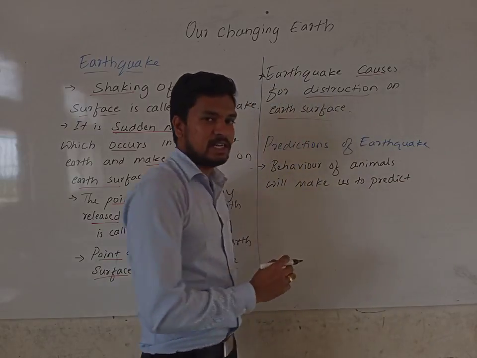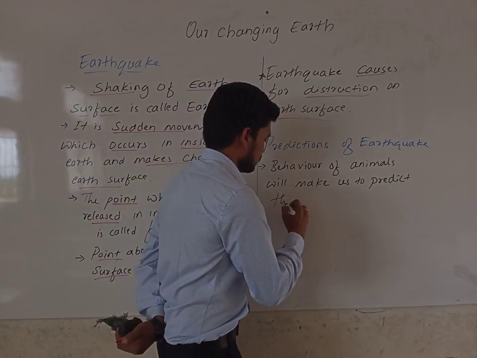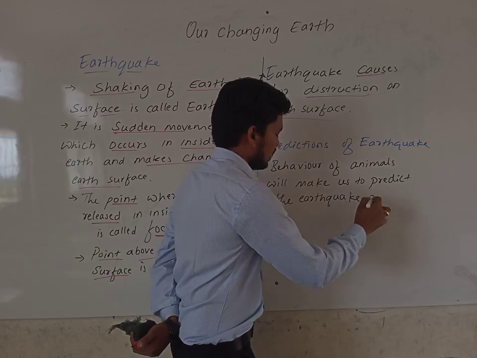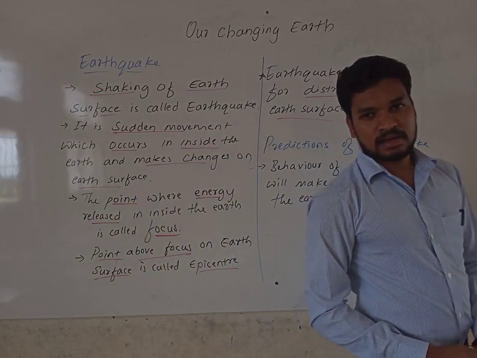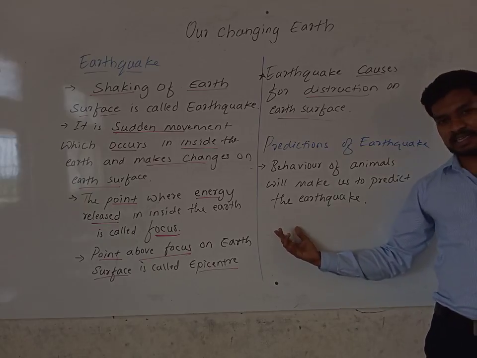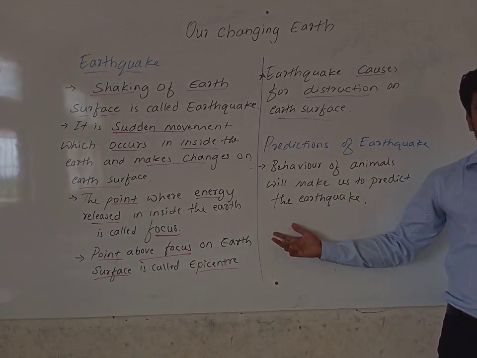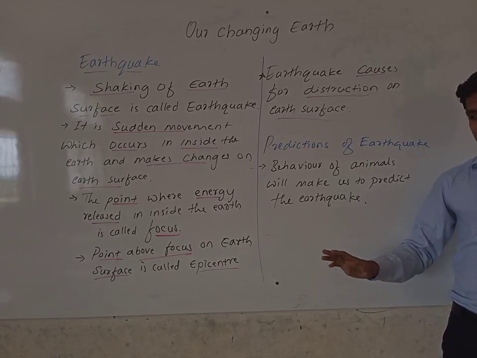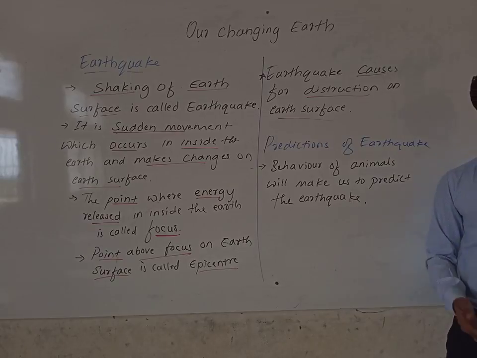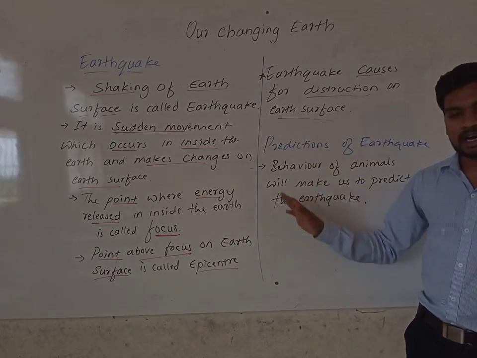So the behavior of animals will help us to predict the earthquake. Like as I told, the dog will start to bark. Then the snake will come out from its home or house. Then fishes start to behave abruptly because of this earthquake.